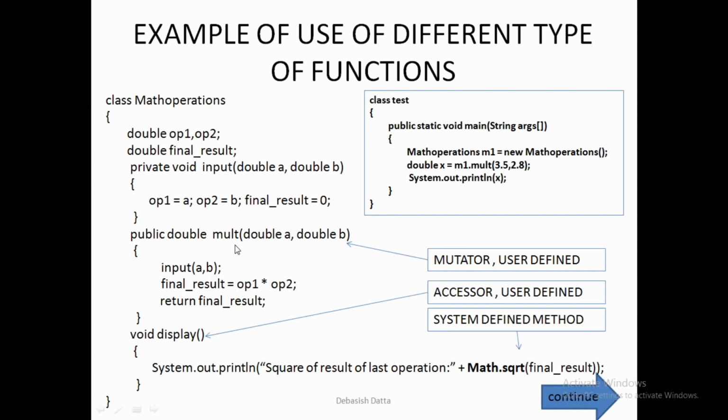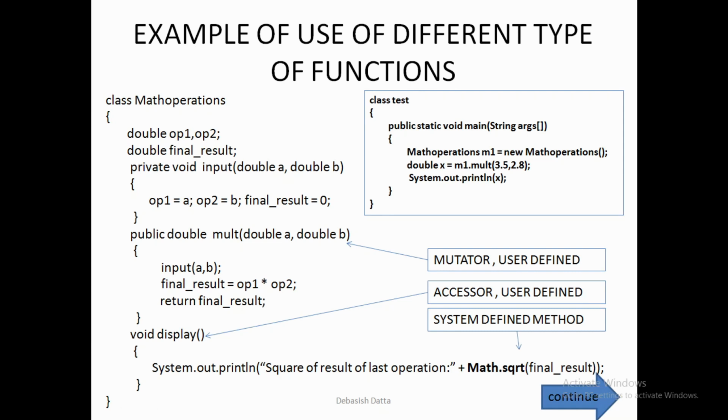So therefore, every time we call the mark function, whatever value is there in op1 and op2, which happens to be inside the object m1, remember the previous picture, that value will be changed. So this is a mutator method.